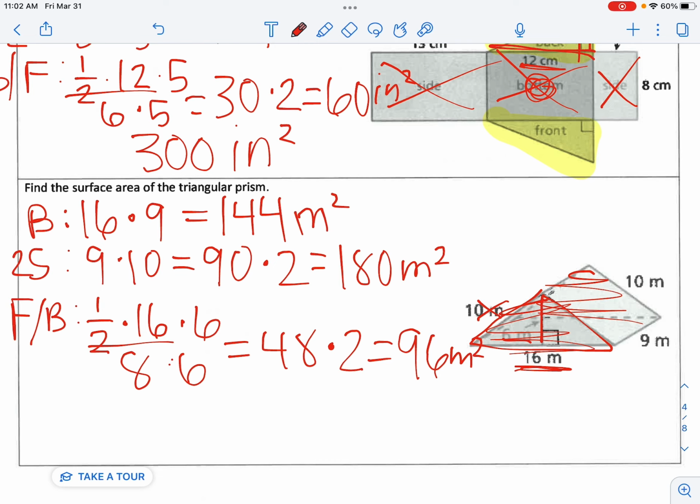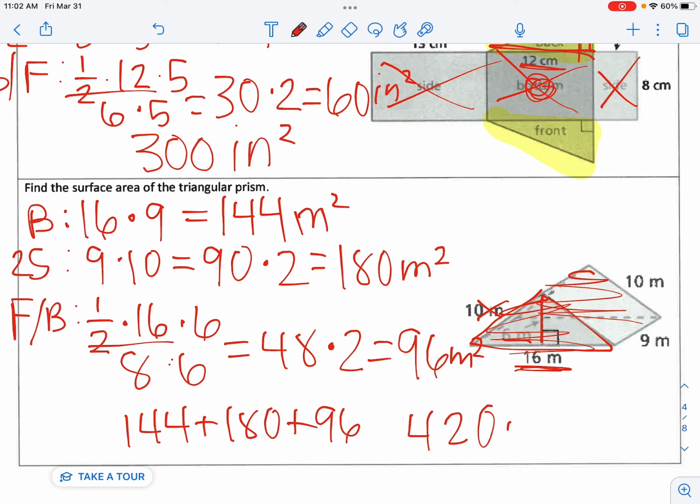So I've done all 5 of my faces. So last step is 144 plus 180 plus 96. You add them all together, and you should get 420 meters squared.